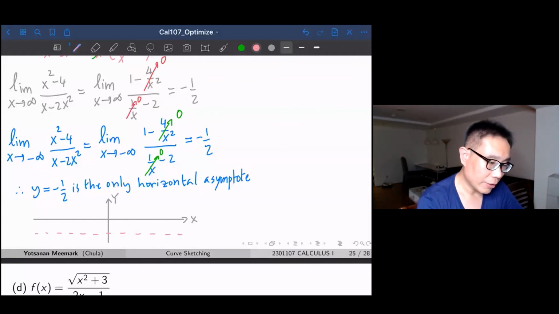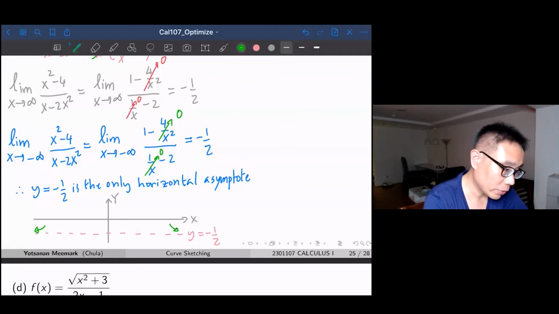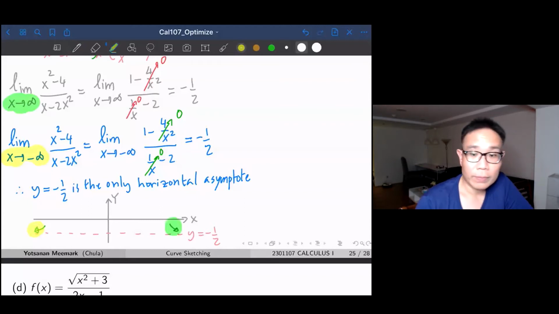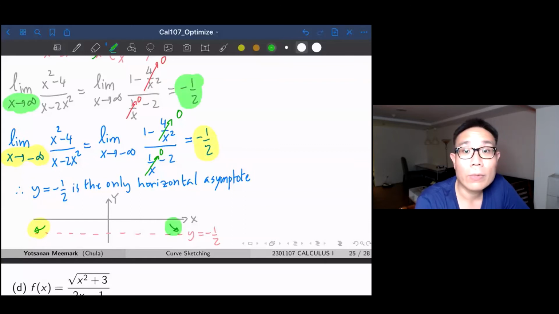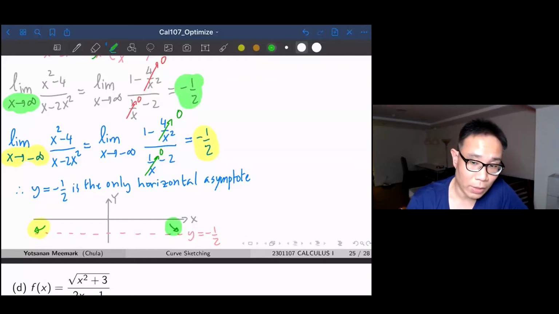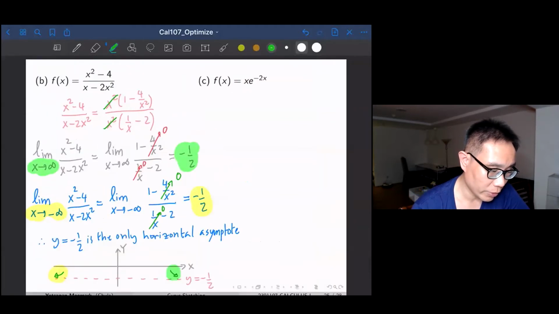The graph of the function tends to it, so it's going to look like this when x goes to positive infinity and when x goes to negative infinity. It's going to tend to it on both sides, on the positive side and on the negative side. So this is how we determine horizontal asymptotes. We have only one horizontal asymptote for this first example.